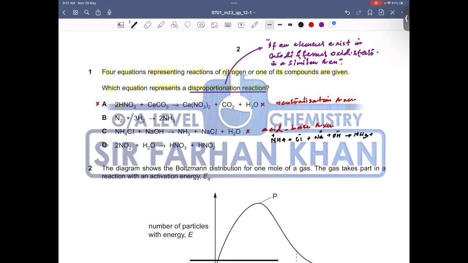NaCl ionizes into its sodium and chloride, and obviously water is not going to ionize. All right. Now the spectator ions cancel out with each other, and obviously spectator ions are sodium ions and chloride ions. So the final equation becomes ammonium ions and hydroxide ions converting into ammonia and water.